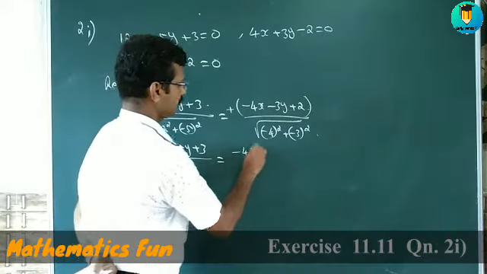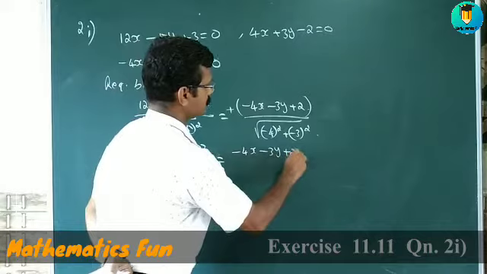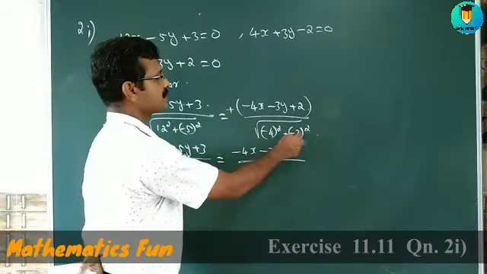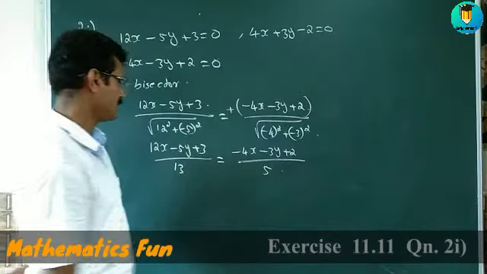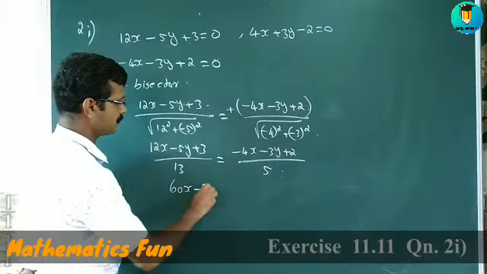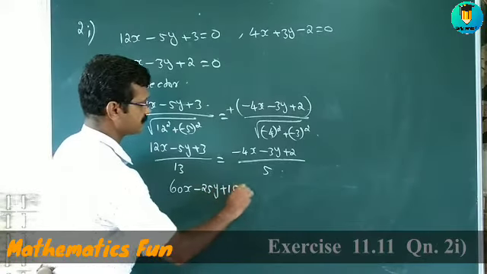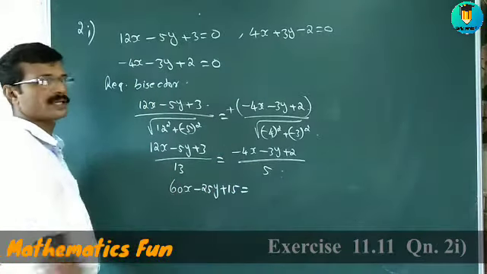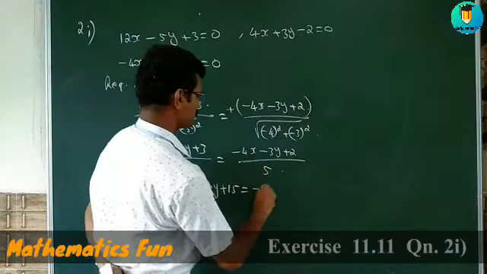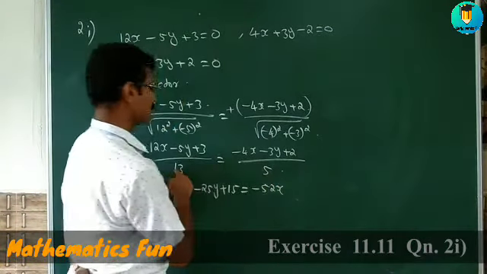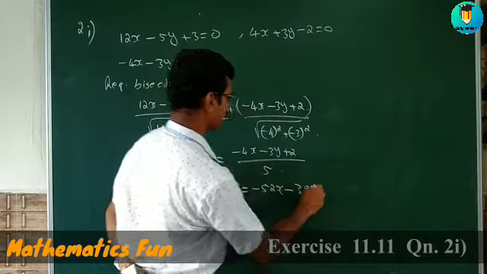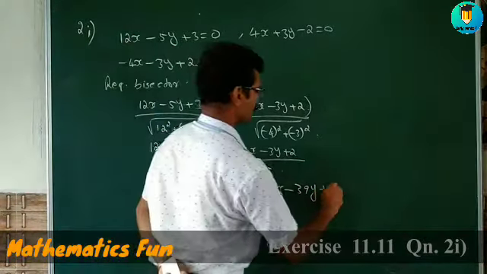Here minus 4x minus 3y plus 2 divided by root of 16 plus 9, which is 25, so it is 5. Cross multiplying, 60x minus 25y plus 15, with the 13 I have multiplied, minus 52x minus 39y plus 26.